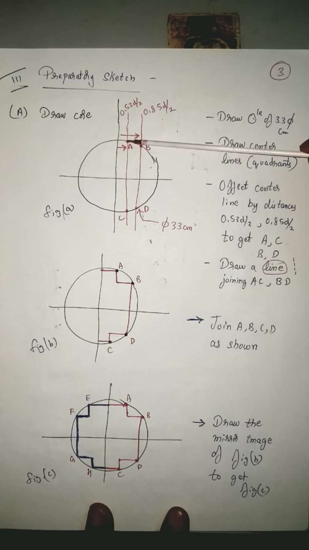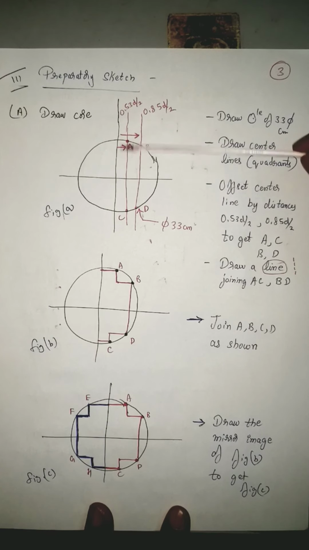Wherever it meets the circle, you get point A and you get point C. Then from the same point, that is the center of the circle, locate a point which is at a distance of 0.85D by 2. That is this point. Now draw this particular line. If you draw this line, it will meet the circle at points B and D. Now I have A, B, C and D.